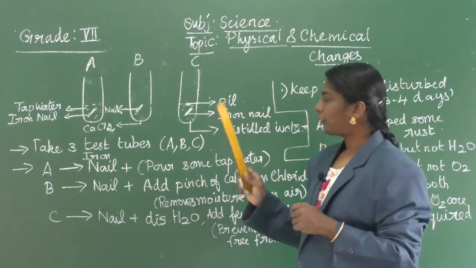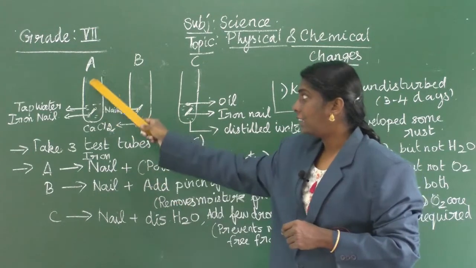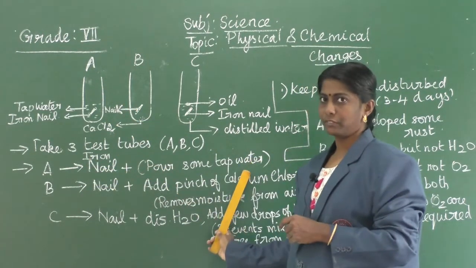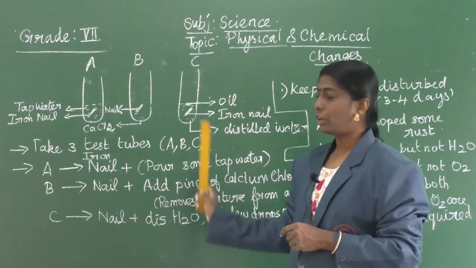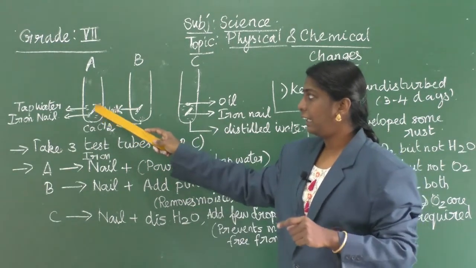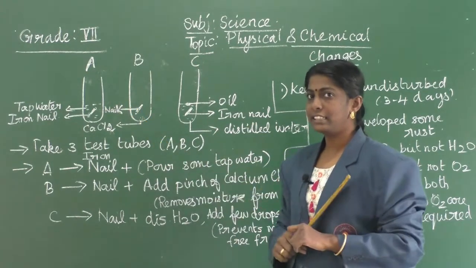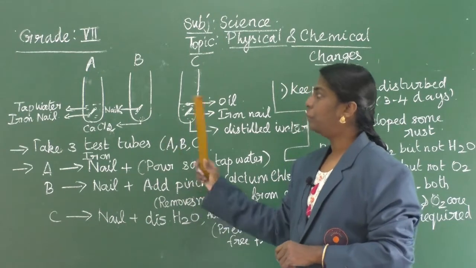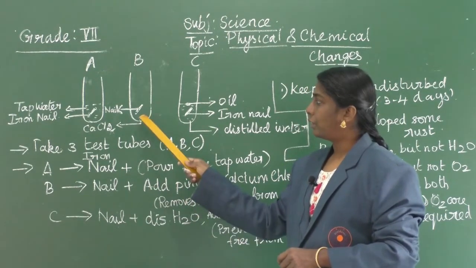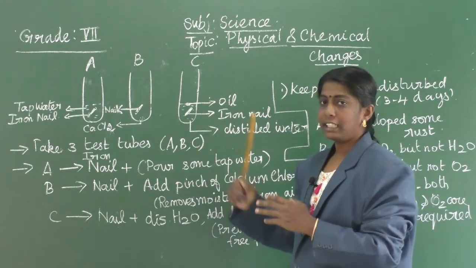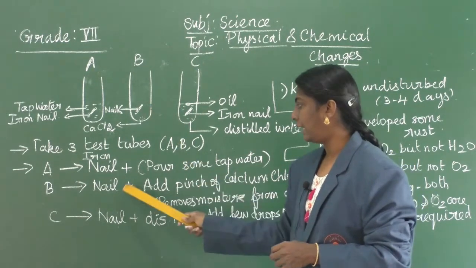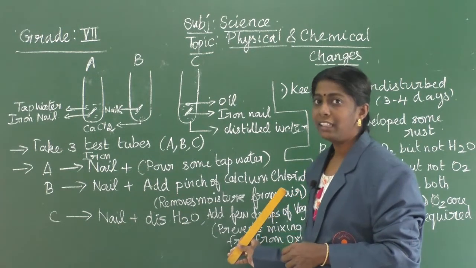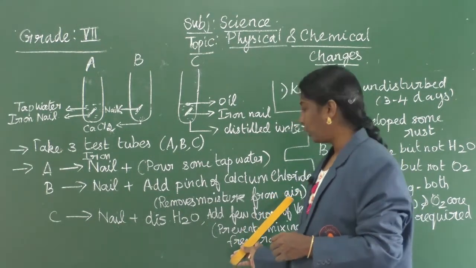And then pour some tap water in test tube A. So iron nail and tap water are in test tube A. Clear, children? Yes. Then in test tube B, we have already taken an iron nail. Along with the iron nail, add a pinch of calcium chloride.